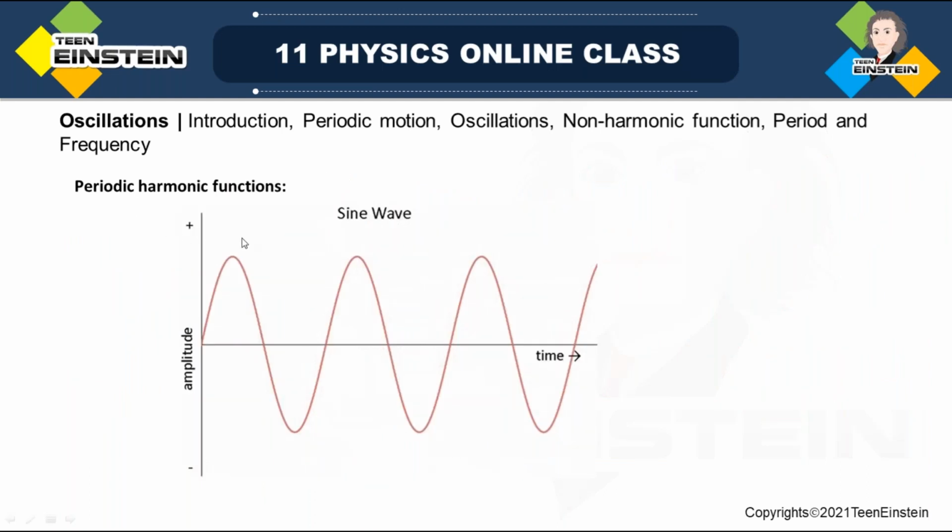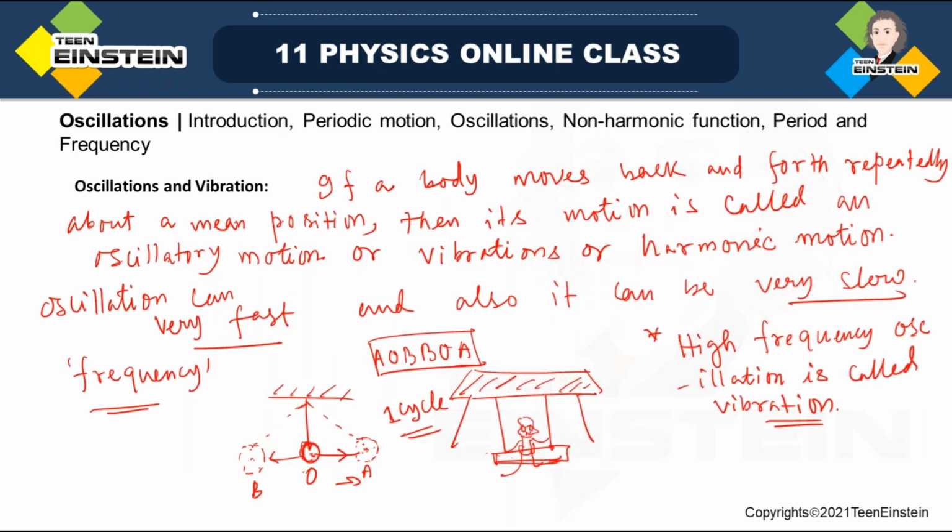slide. Here we are discussing what is called a periodic function. I hope I have given you enough examples of oscillatory motion, like swinging of a pendulum, simply swinging in a swing, the piston of an automobile that goes back and forth, and vibration of a string in a guitar or any music instrument.